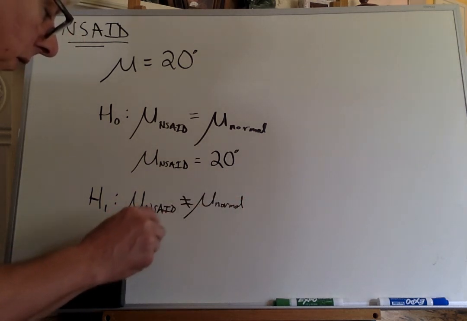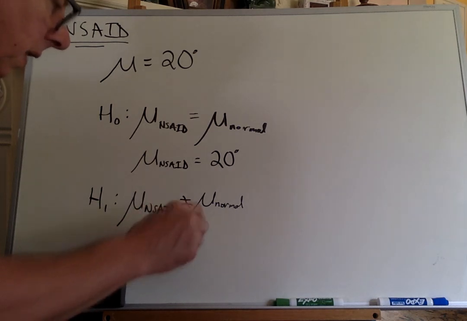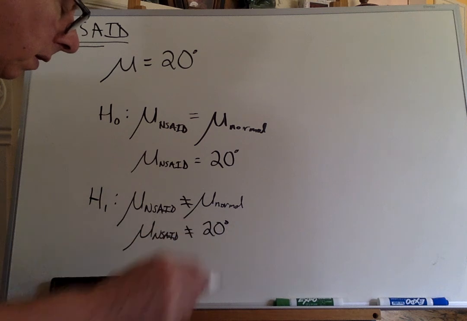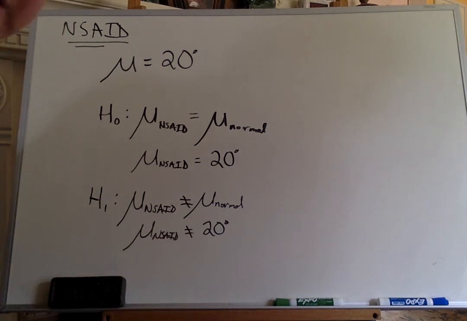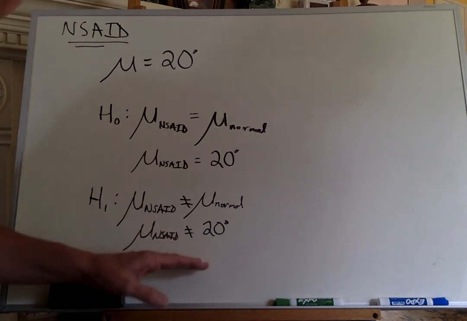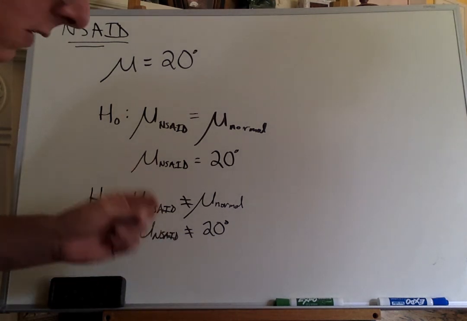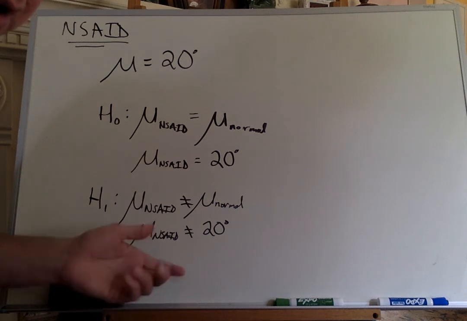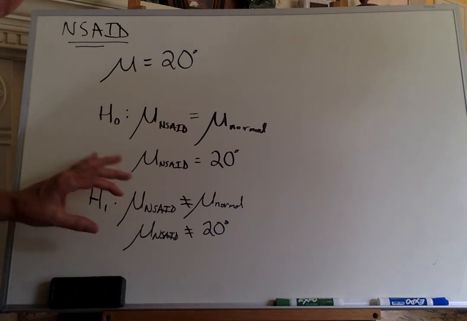Or, alternatively, we can say if we give the NSAIDs, then we're going to see improvement of something other than 20 degrees, okay? Again, I'm going to do this as a non-directional hypothesis. I certainly want to know if giving NSAIDs decreases performance, but hopefully it'll increase the effectiveness of the therapy as well, okay? Step number 1.